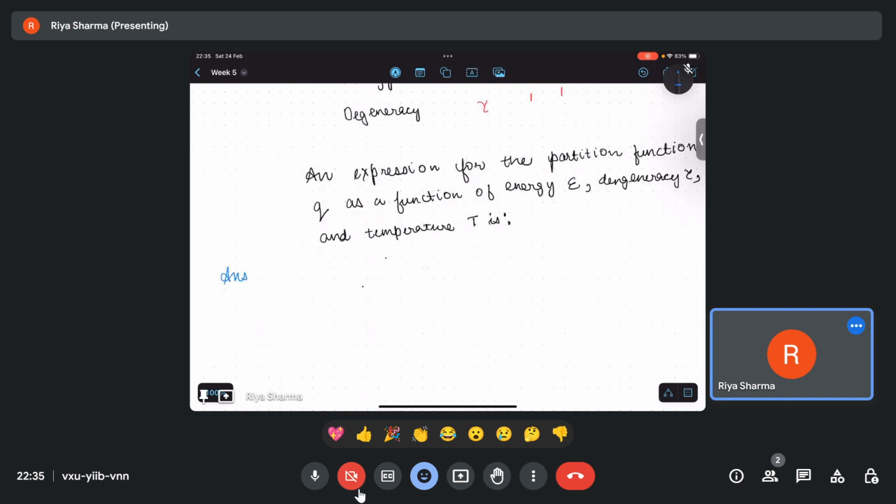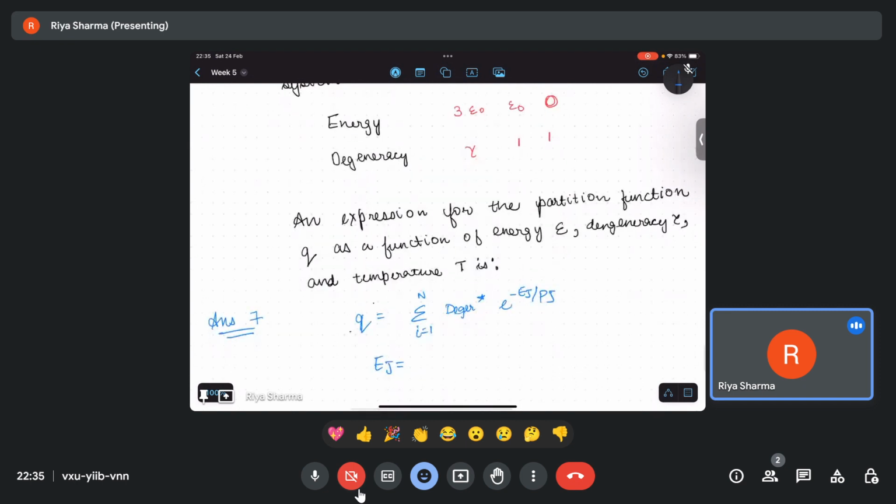Answer 6. Answer 7. The partition function q will be equal to sum over i equals 1 to n of degeneracy into e raised to minus Ej by kT. Now we know Ej: how much is Ej?